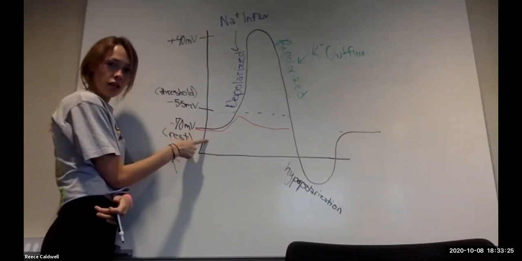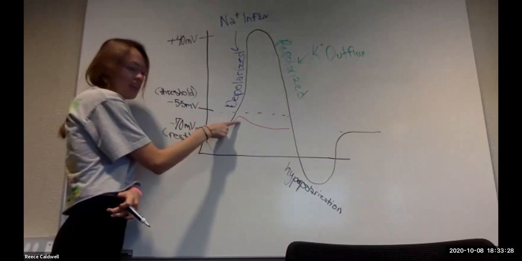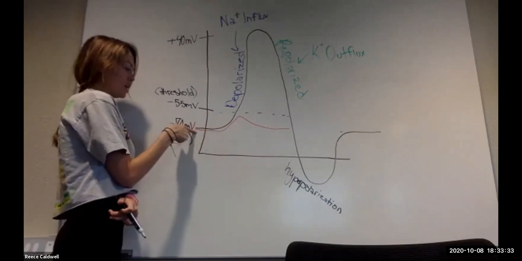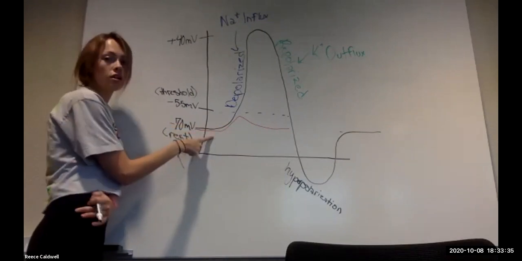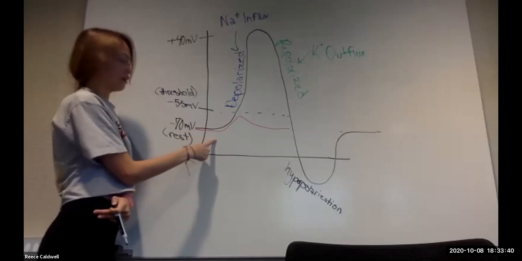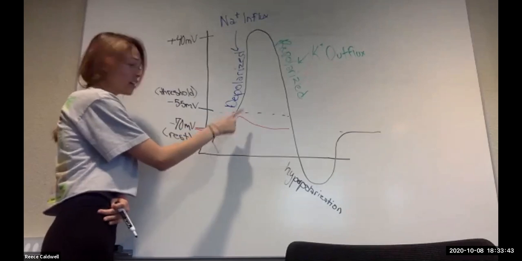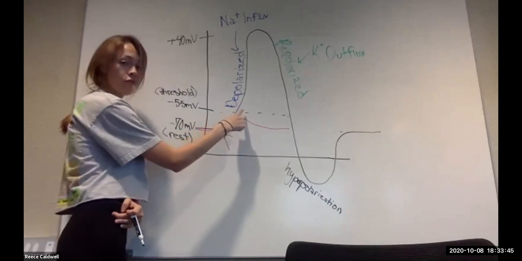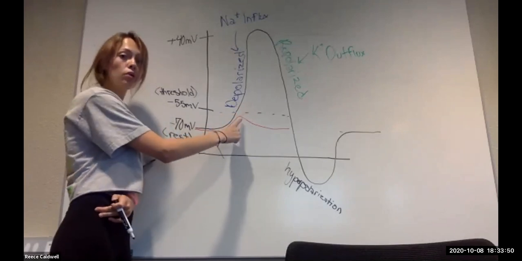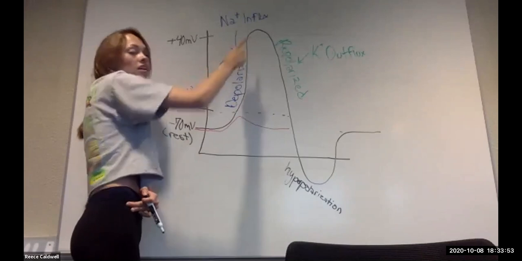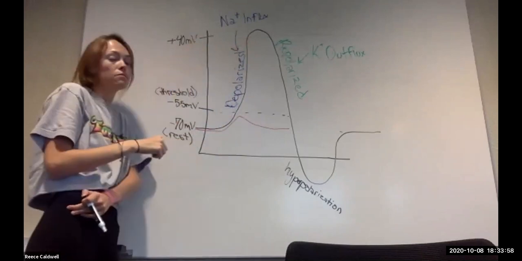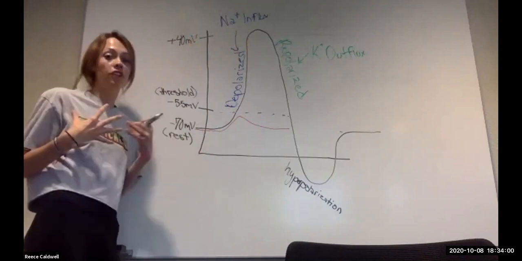So, a cell is at rest at negative 70 millivolts. A mosquito lands on your arm and it's not strong enough to reach threshold, goes back to rest. A bee lands on your arm, or a roach, or a scary bug. Signal is strong enough to pass threshold at negative 55 millivolts. The cell will become depolarized. It will become more positive. It will get up to positive 40 millivolts because we have an influx of sodium.